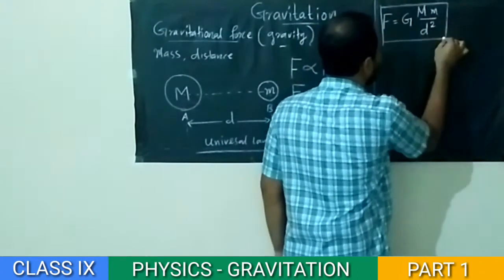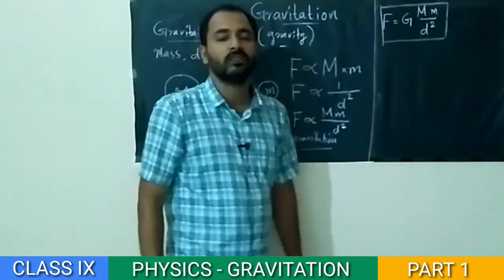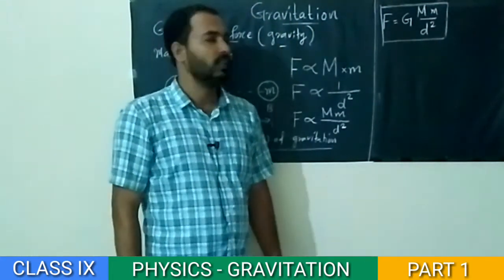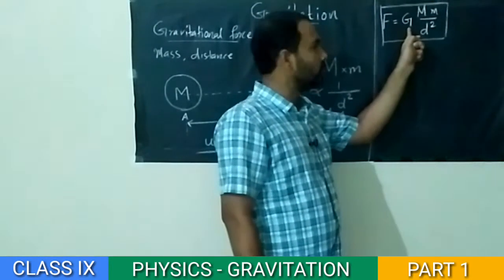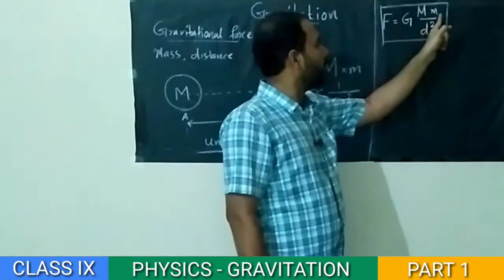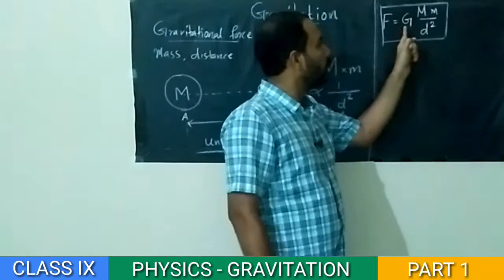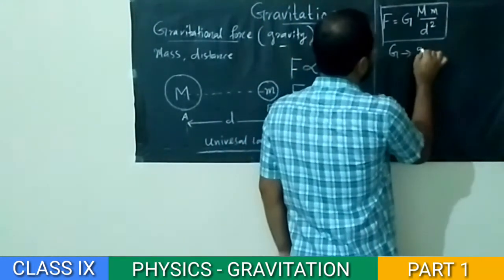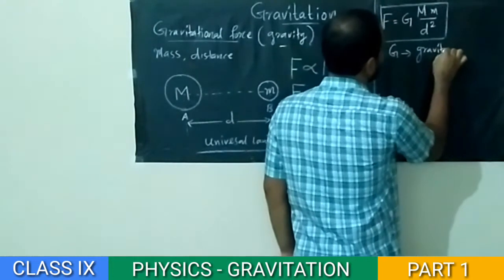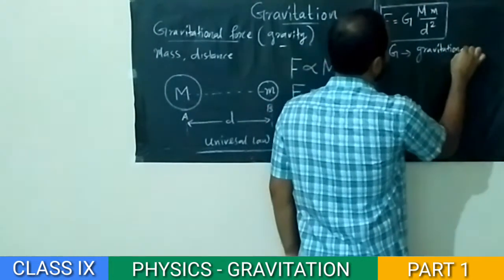This is the equation of the universal law of gravitation, where G is called the gravitational constant.